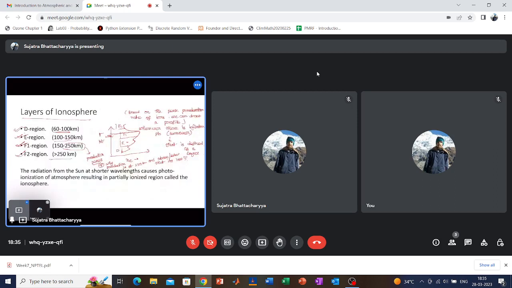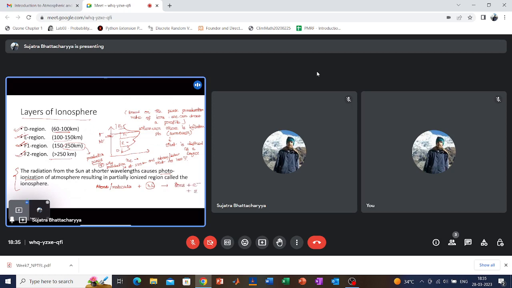Fine. Okay. Now how these ions are created, I have summarized here. The radiation from the sun at shorter wavelengths causes photoionization. Photoionization means some atoms or molecules interact with the photons, h nu, and get ionized, giving ions plus electrons.